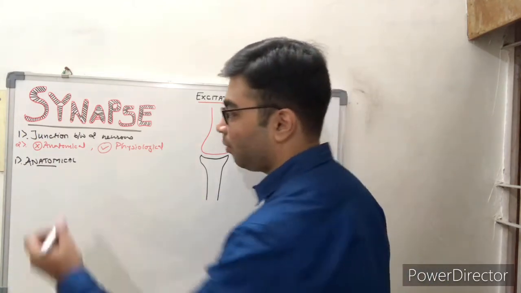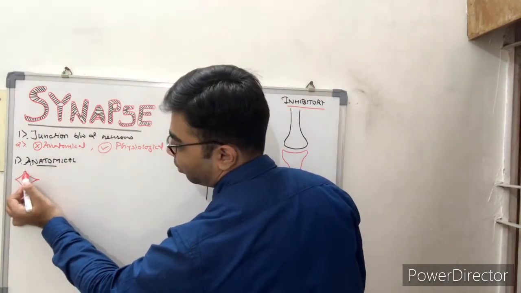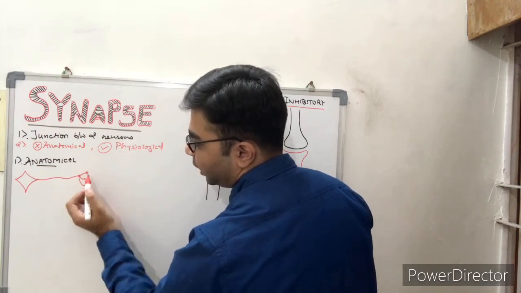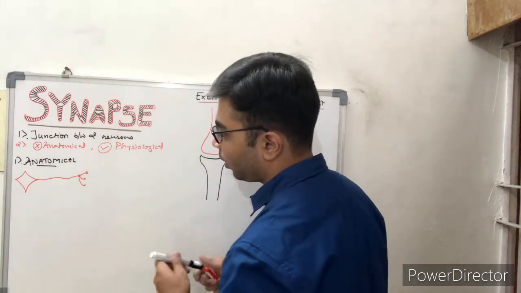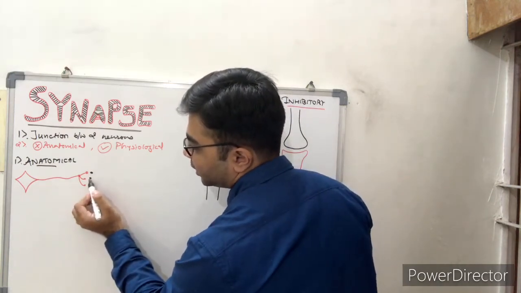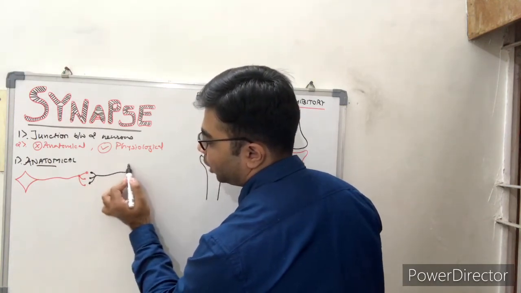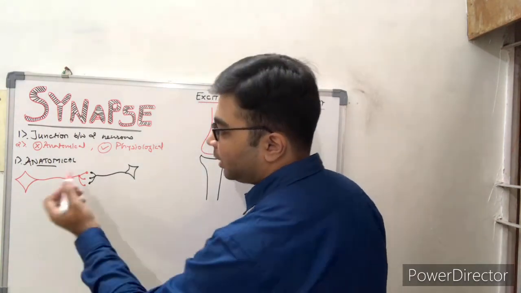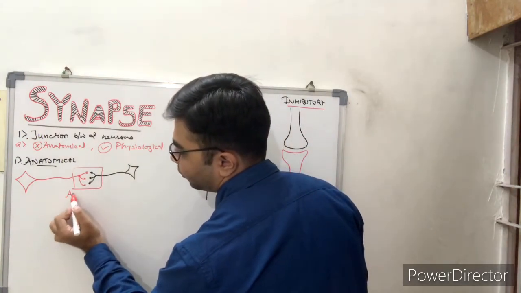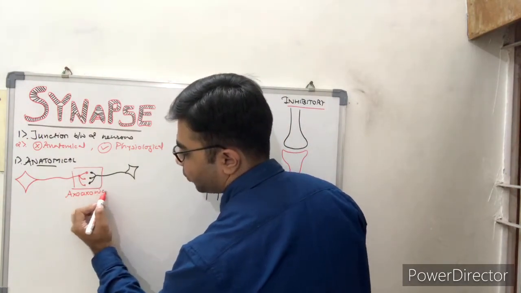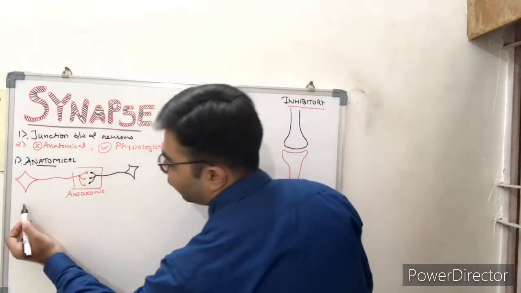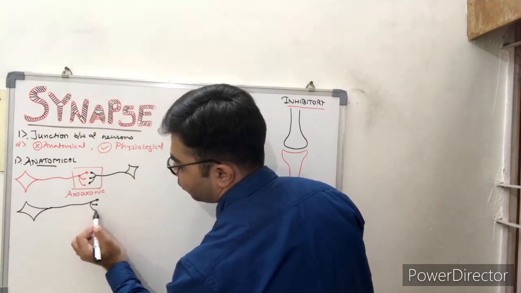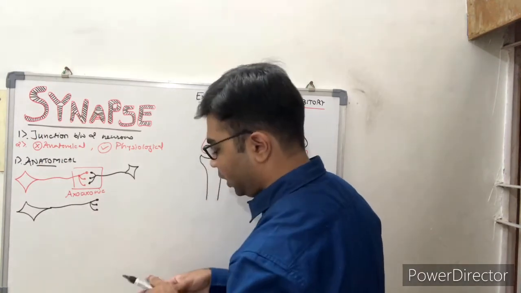Let me draw neuron number 1. In this neuron, the axon is ending over another portion of the neuron, that is the axon terminals of neuron number 2. This type is known as exo-axonic. For the second type, I draw neuron number 1, and the axon is ending over the dendrites of another neuron.